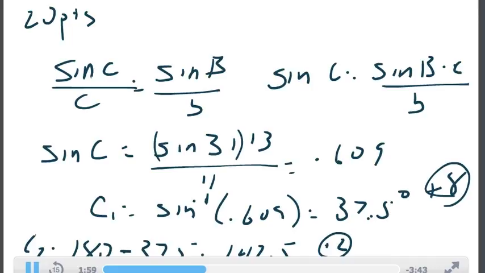What we did there was find the second angle on our unit circle that has a sine of 0.6. The first one's here, the second one's there, which is 142.5. So let's see. Now we have C1 and C2. We can go ahead and find the A angles.